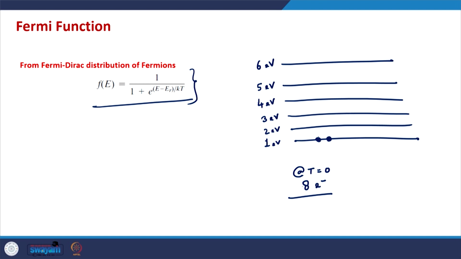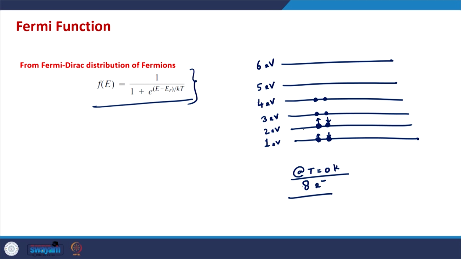So, 2 of these electrons will occupy the ground state, the 1 eV state, 2 will occupy the 2 eV state, similarly 2 will occupy 3 eV, and 2 electrons will occupy the 4 eV state. So, that is how electrons will be distributed in various energy levels in the solid at T equal to 0 Kelvin, when there is no thermal energy in the system and all the electrons are sitting in their lowermost energy configurations.